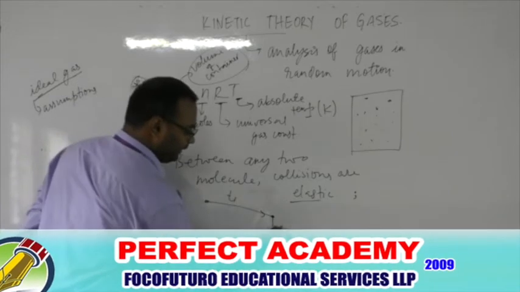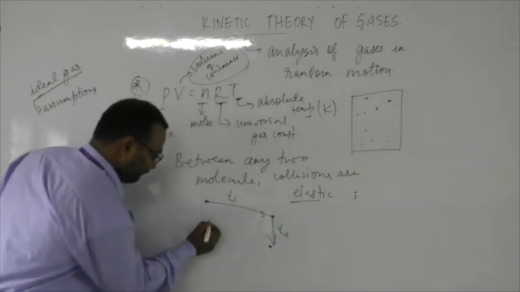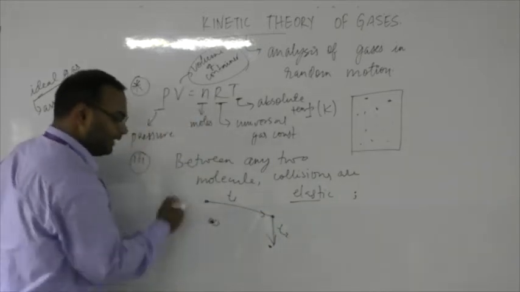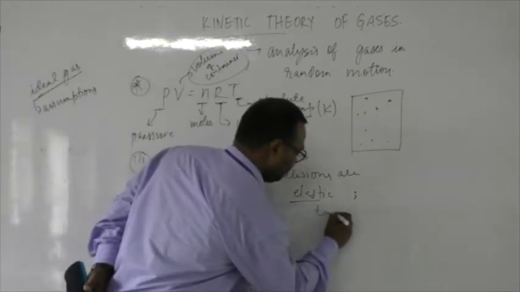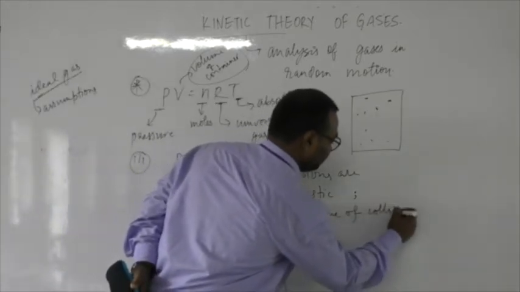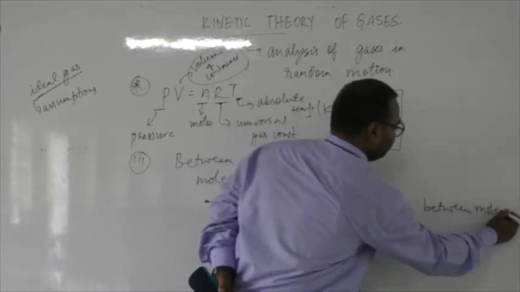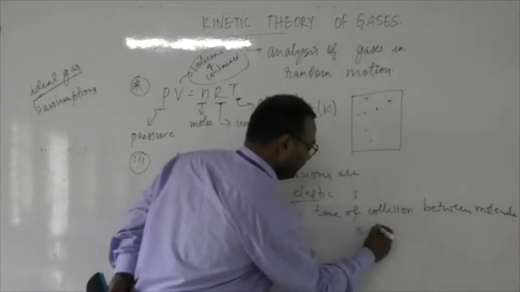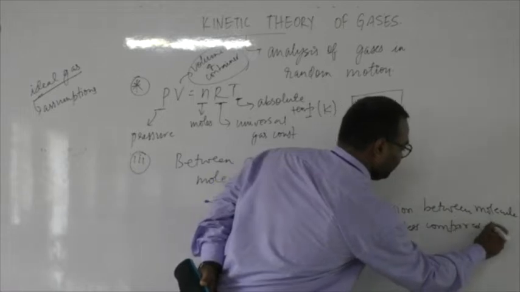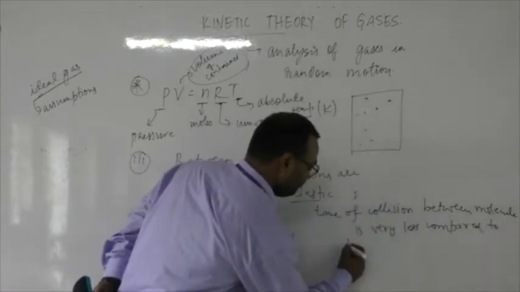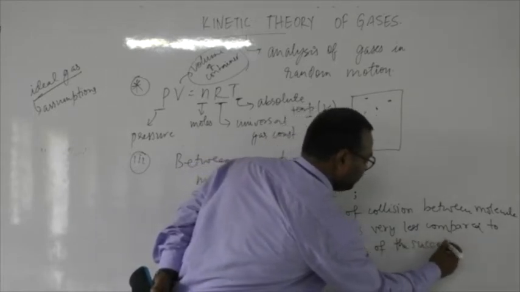So if T1 is time and T2 is time between the successive collisions, but the time of collision when they are coming near is very less compared to the time of the successive collision.